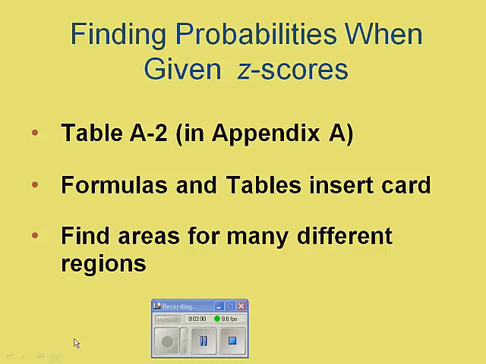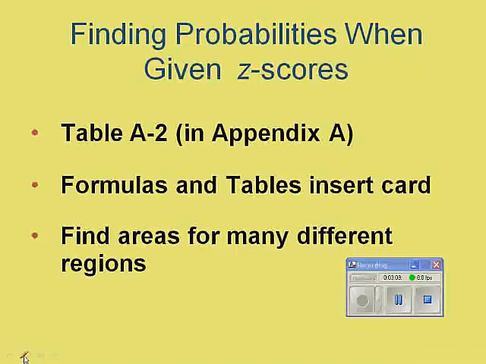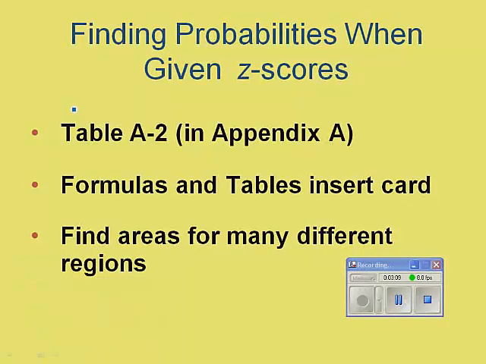Here we go. This I did not go over at all yet. The game is going to be this. You are going to find probabilities given z-scores. What are z-scores? Didn't we go over that already? Do you know what they are? Okay.